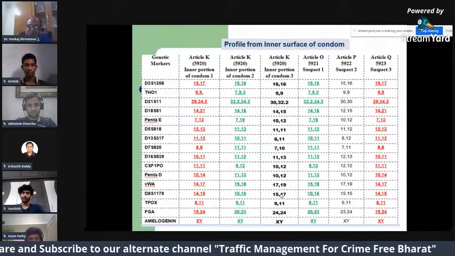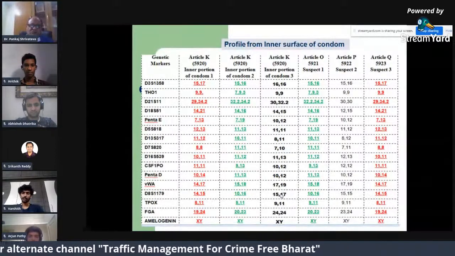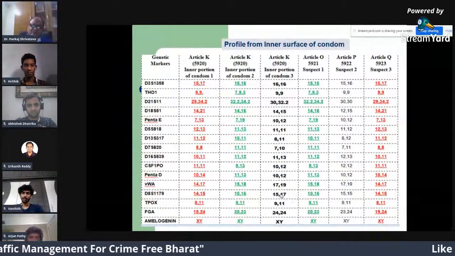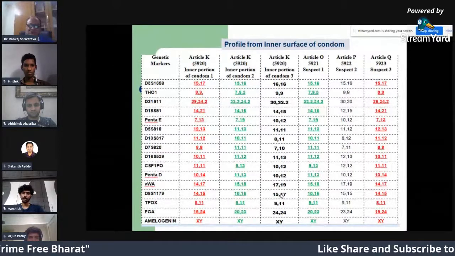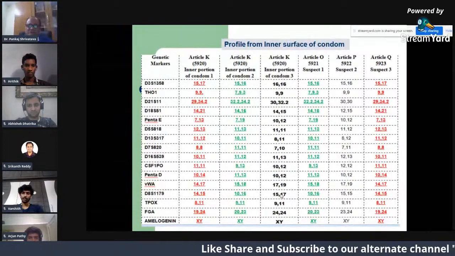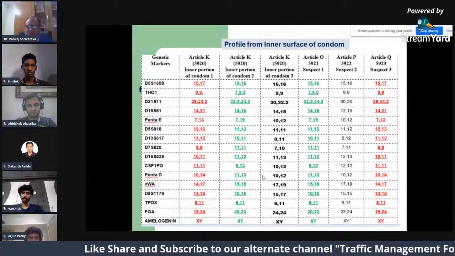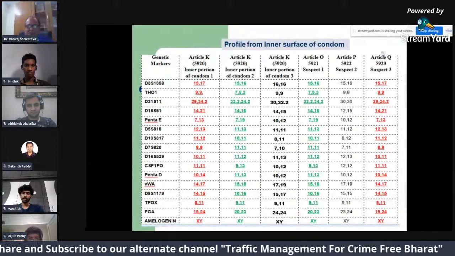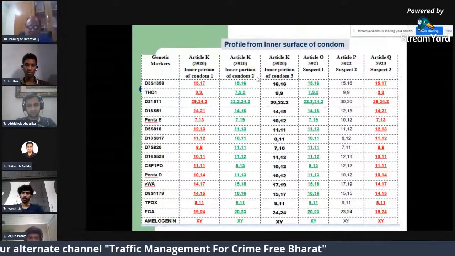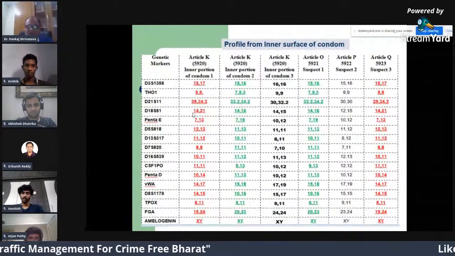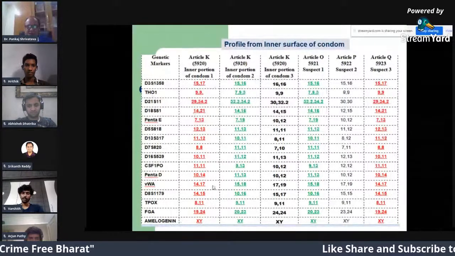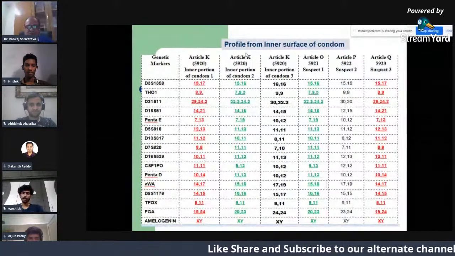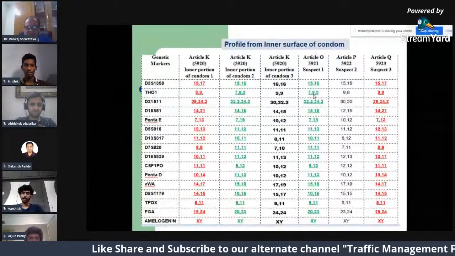That means all the 3 condoms were used with the same lady, but by 3 different male individuals. Now there were 3 suspects in the case. You can see over here that this inner portion semen profile is matching with suspect 3. The inner portion of condom 2 profile is matching with this accused.